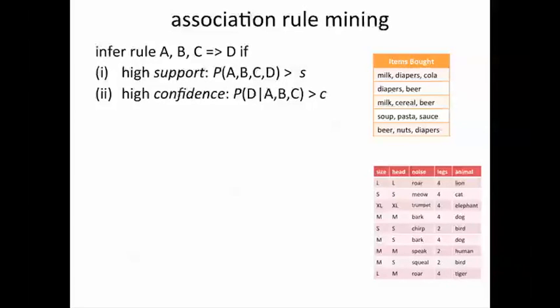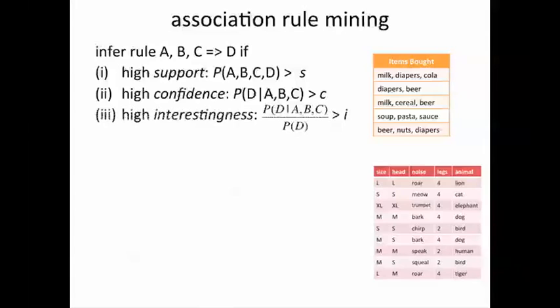What that means is that of all the cases where you have A, B, and C, a large number of them actually have D. So now you're considering more instances than just the ones where there's A, B, C, and D. You're considering those where there might be only A, B, and C, but of those that have only A, B, and C, a large number of them also have D. So the conditional probability of D given A, B, and C is large. So there's a high confidence that A, B, and C result in a D actually occurring.